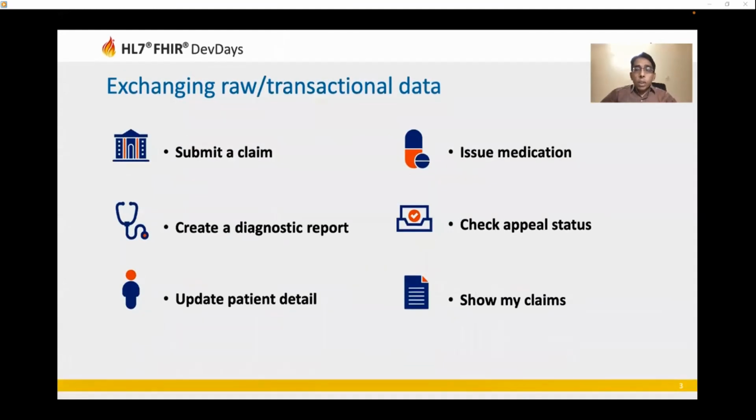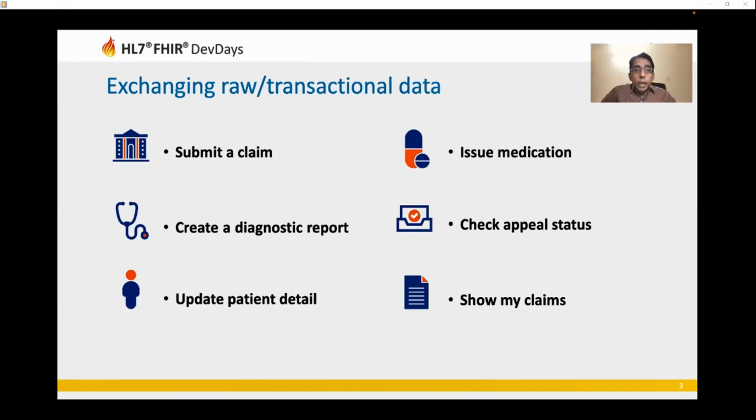When we talk about transactional data exchange, which is our day-to-day business requirement, we are exchanging a set of claims. We want to create claims. We want to generate a report on what diagnostic reports are there. Maybe we want to update a member or patient detail, which operates on one particular record.